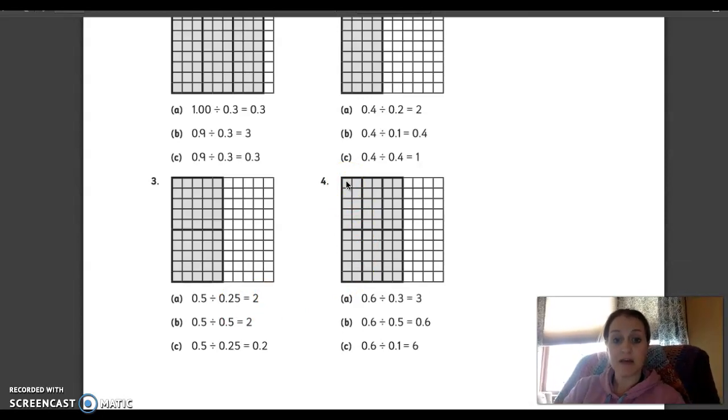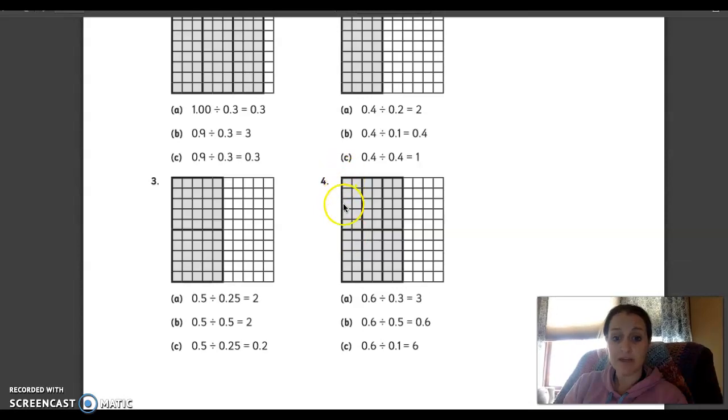For number 4, let's count our columns of 10. Our columns of 10 are 1, 2, 3, 4, 5, 6. So we know that we have 6, and 6 times 10 is 60. So we have 60 squares shaded in. If we were going to make that into a decimal, it would be 0.6. So we are dividing 0.6.